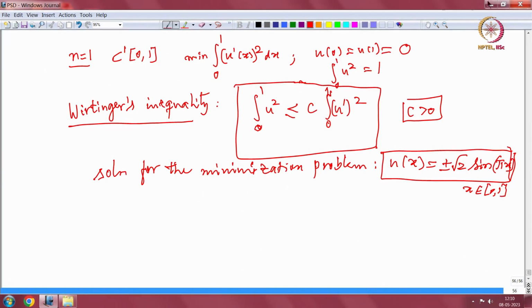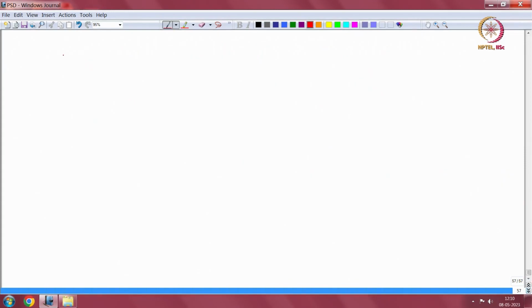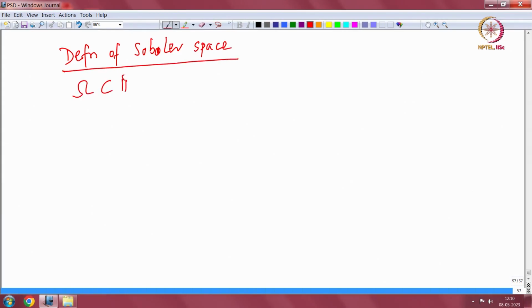Okay, so with this brief introduction, let me now define the Sobolev space. Again omega in Rn is open. For the definition we don't need any restrictions on the domain.